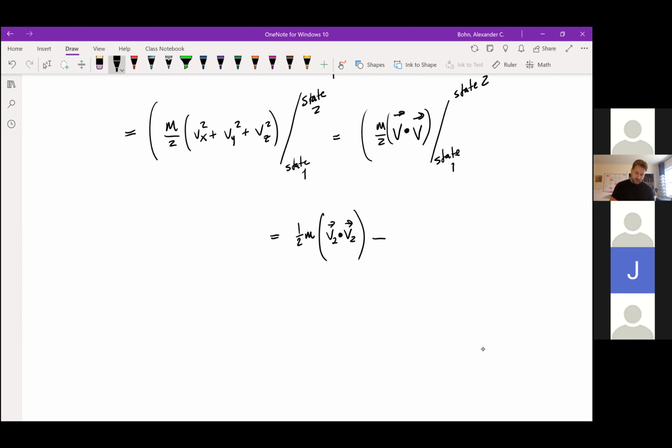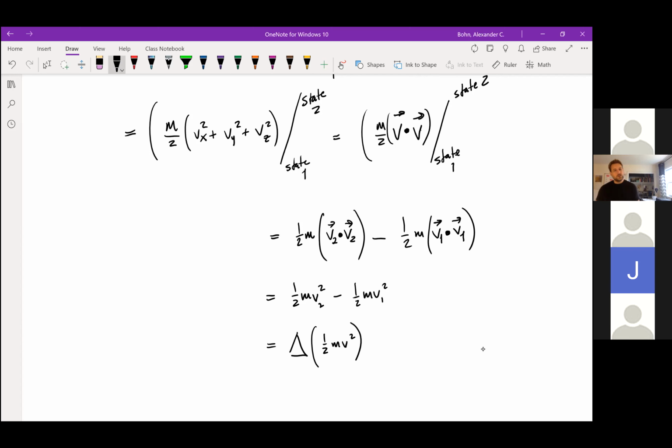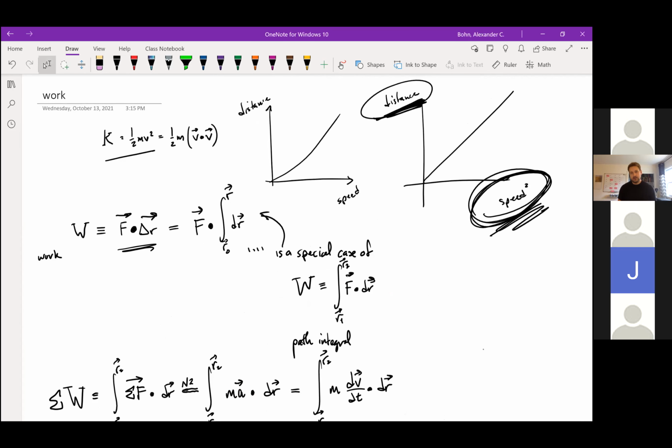Our velocity in state 2, and then we subtract what we get, which, call me crazy, doesn't that look like the change in some quantity, kinetic energy.